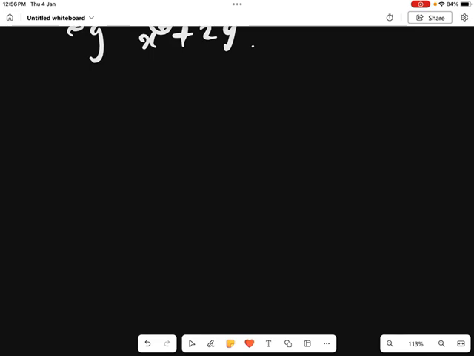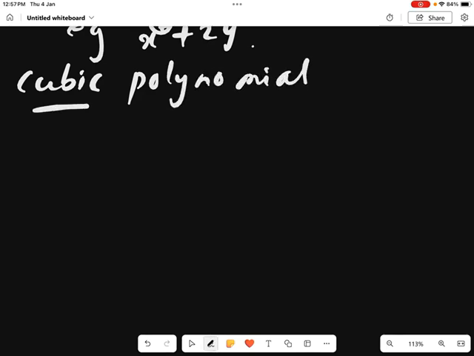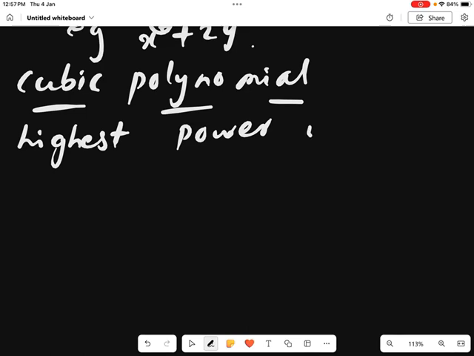Next, cubic polynomial. What is cubic polynomial? Cubic means 3, right? So if the highest power is 3, then it is called cubic polynomial.